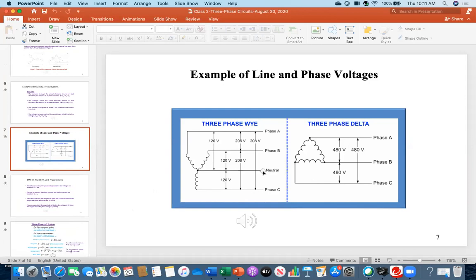See, the neutral is connected only with the Y connection because there is a common point. But in this case, you see, there is no common point among all three phases. That's why there is no neutral line on the delta. Is this your question? Yes, thank you.